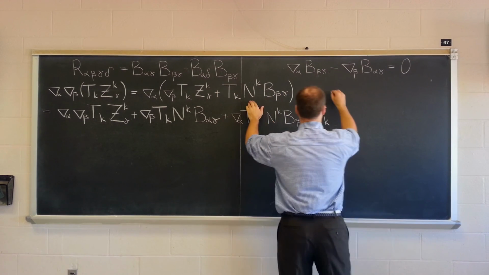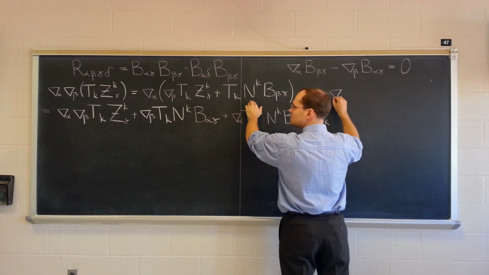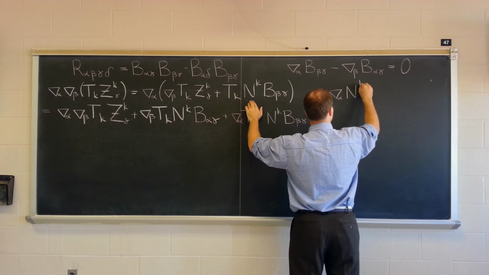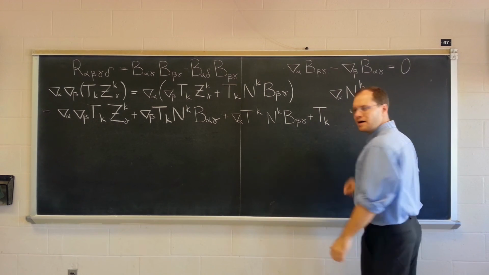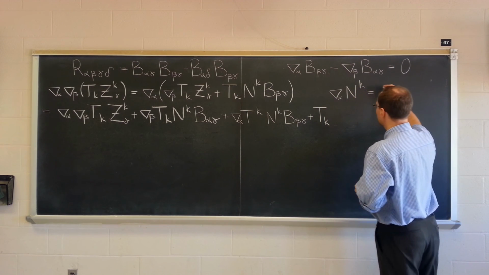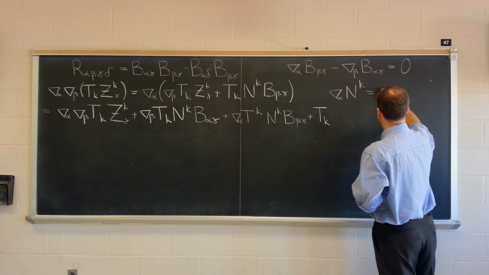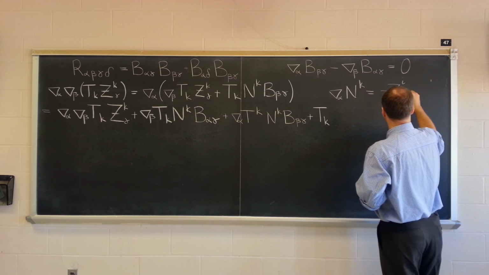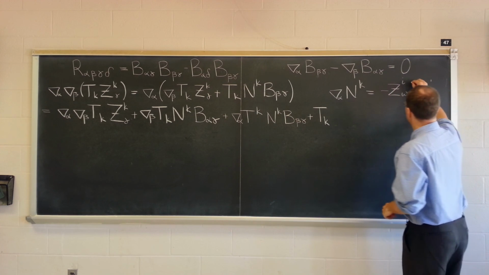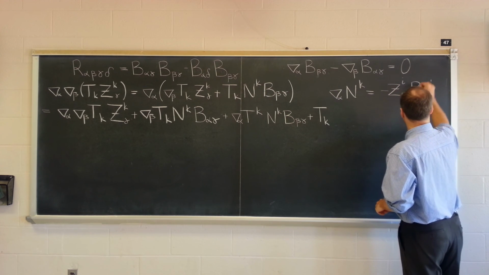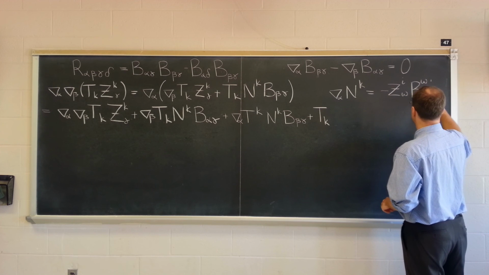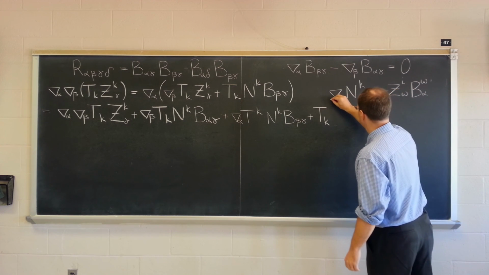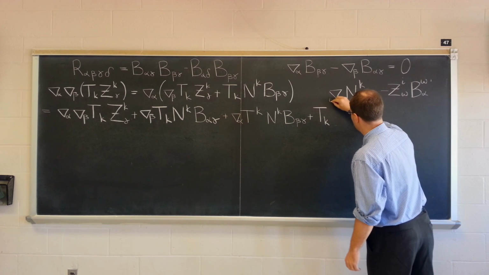And what will go in here is the derivative sub alpha applied to n k, which by Weingarten's formula equals minus Z omega, we need a new letter, B omega alpha. That's Weingarten's formula. It's going to go in here.